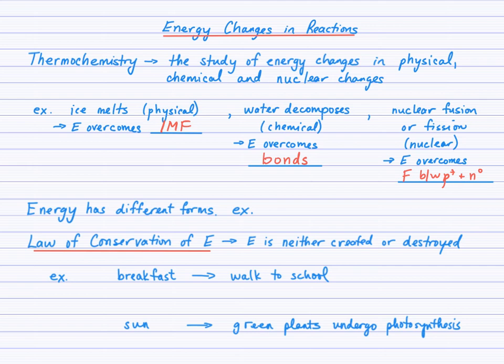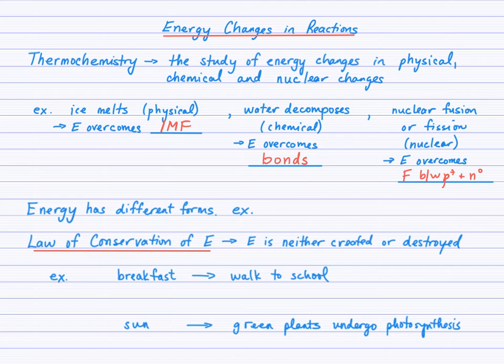And so in terms of relative magnitude of energy changes, which do you think experiences the lowest magnitude, lowest size of energy change? Physical, chemical, or nuclear? Hopefully you're thinking physical because those intermolecular forces are the weakest forces of attraction compared to the covalent or ionic bonds, compared to the nuclear attractive forces within a nucleus.